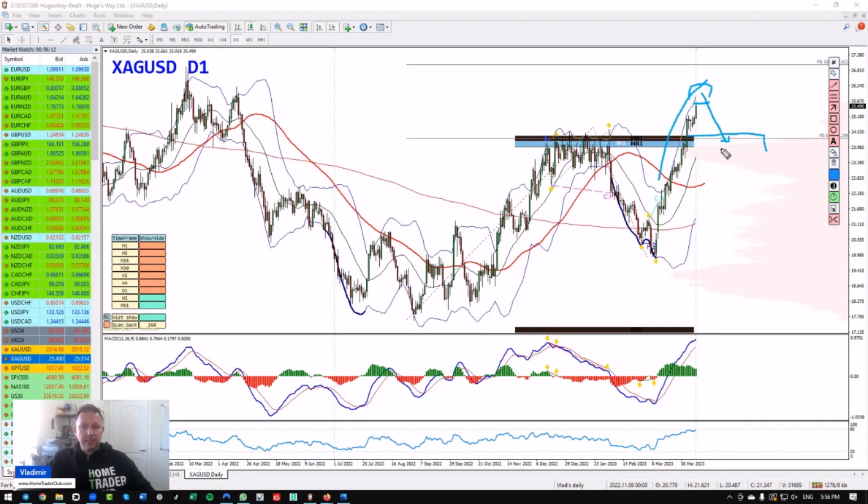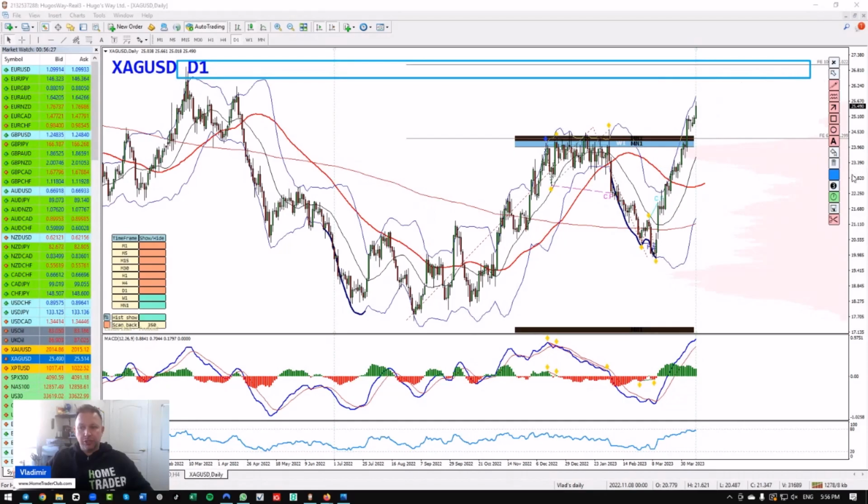And as soon as this, well, I shouldn't say correction, a pullback, happens, I believe we should finalize the rally towards the same mentioned level from the weekly chart, that 100% Fibonacci expansion. Once we manage to reach there, this should be a classical zone to look for the pullbacks.